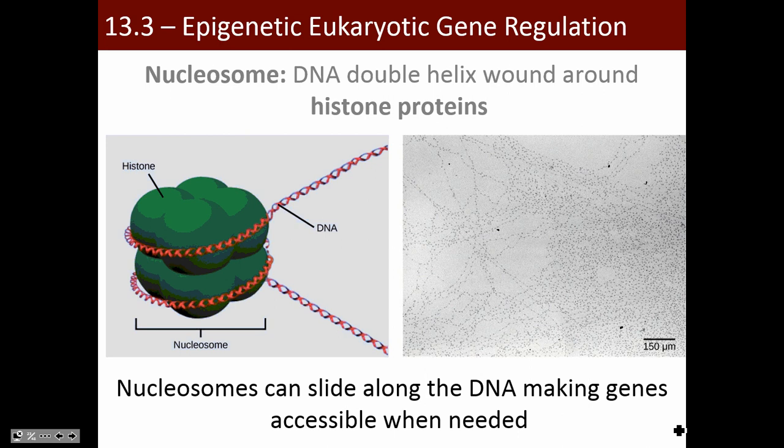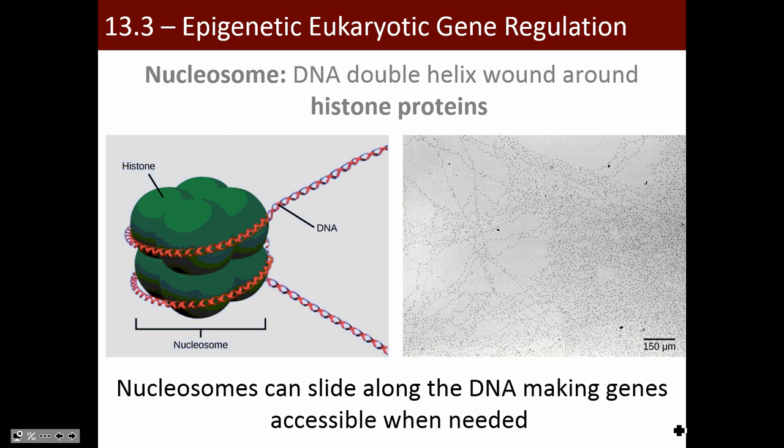I think of packaging genes up into nucleosomes as being kind of like putting things in the attic, right? They're still there. You can access them if you need to, but they're not out in your everyday life. So sections of the genome that aren't being used at this moment in time are wrapped around some histone proteins into a little nucleosome and put in the attic, set aside, right?